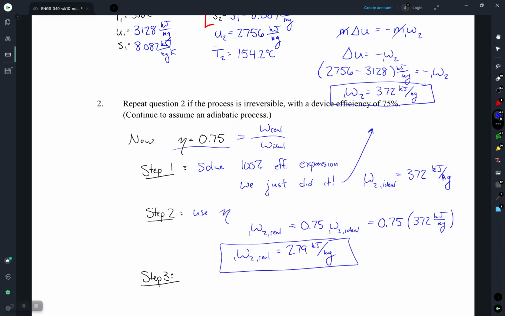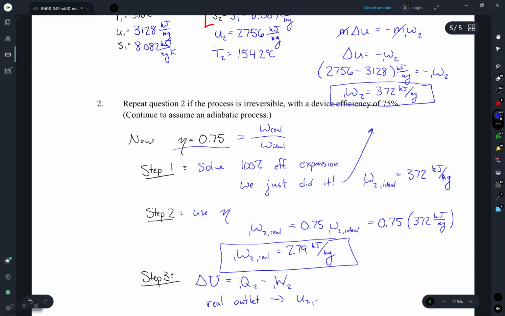We could then, in step 3, if we wanted to learn about the actual state 2, go back to our energy balance. So we could find our real outlet with an equation something like this.